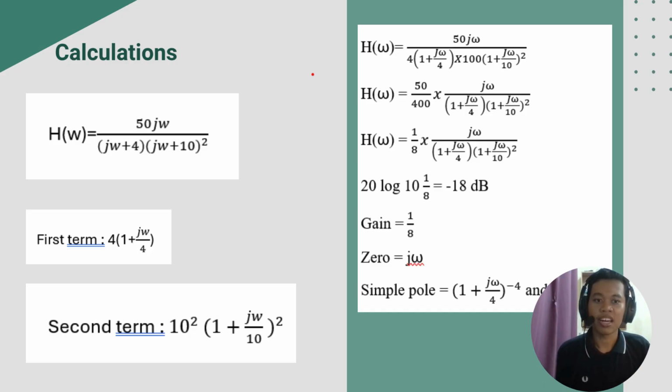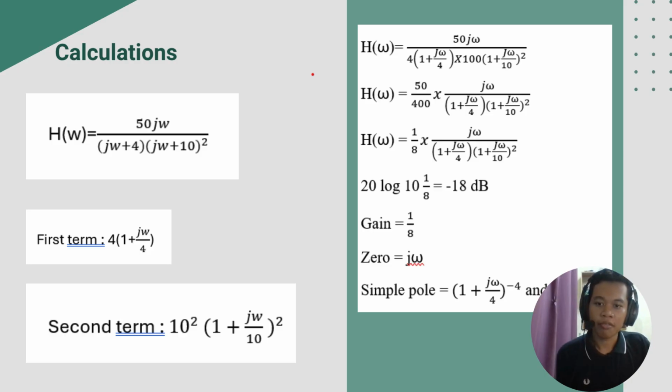This leaves us with 100 times (1 + jω/10)². By substituting this back into our transfer function, the denominator constant multiplier becomes 4 times 100. This simplifies our overall system gain coefficient to 50 over 400, which reduces cleanly to a system gain of 1 over 8.